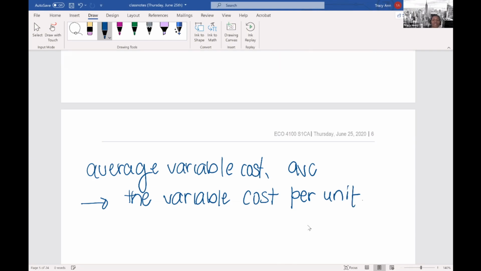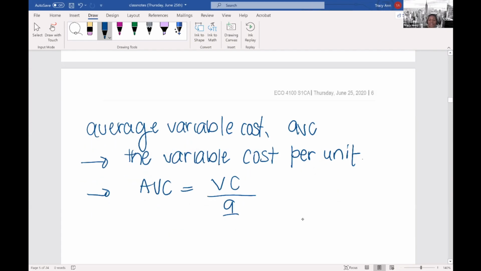And so your average variable cost is going to be equal to your variable cost divided by quantity. Remember that this variable cost is a function of quantity.